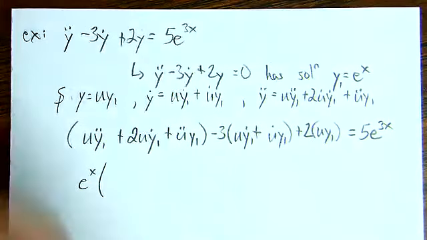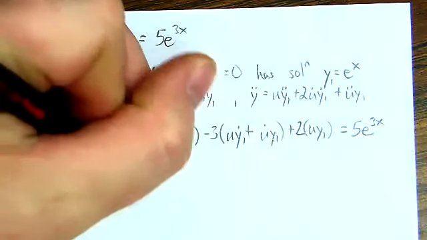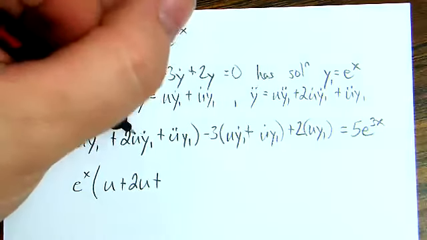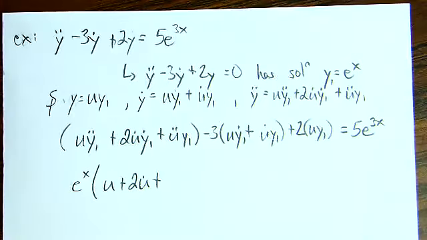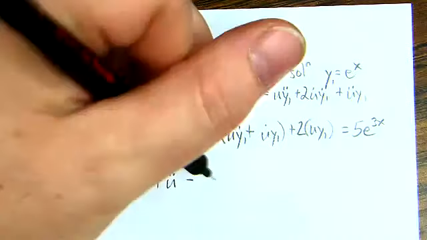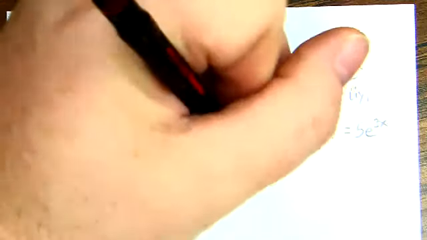This is e to the x times u plus 2u dot plus u double dot minus 3u minus 3u dot plus 2u, and all of that is still 5e to the 3x.